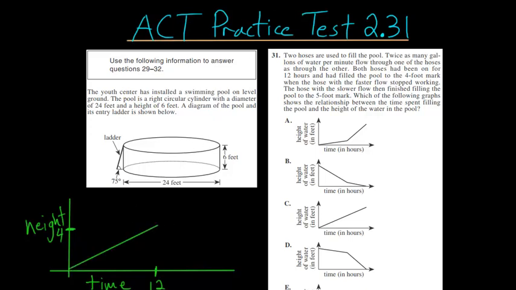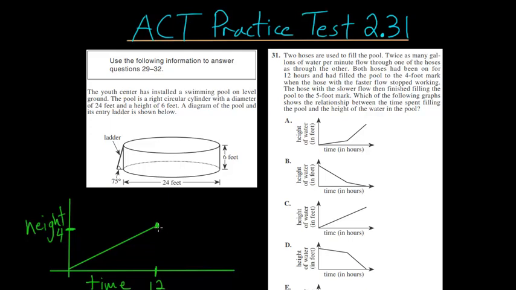But once it reaches this point, now one of the hoses stops working, and it just happens to be the hose that's pumping water twice as fast. So if you can imagine the slower hose pumping 1 gallon of water per minute, and the faster hose pumping 2 gallons of water per minute, then when the faster one is turned off, it goes from having a flow of 3 gallons per minute to a flow of only 1 gallon per minute.